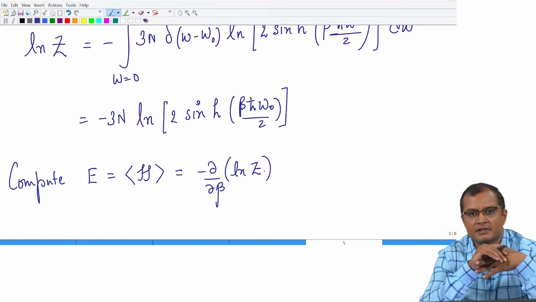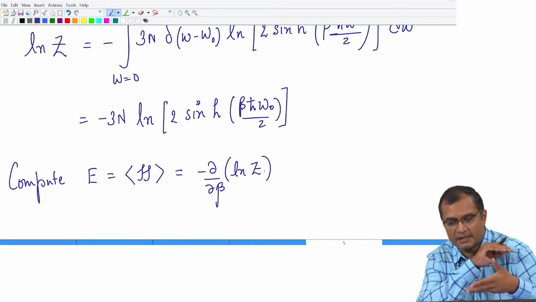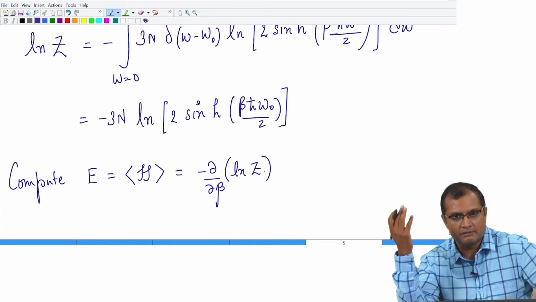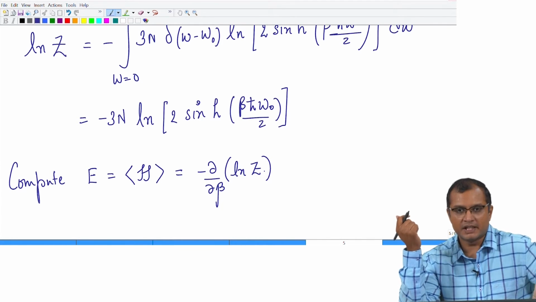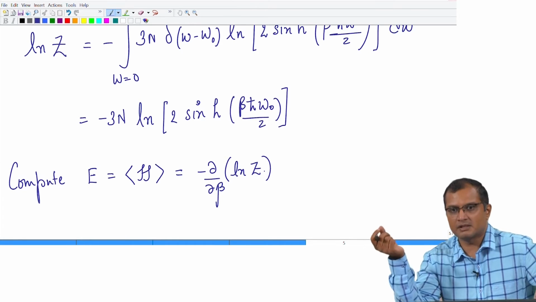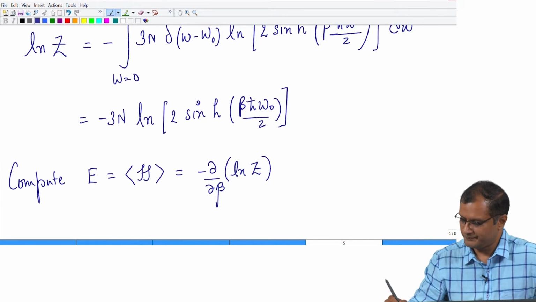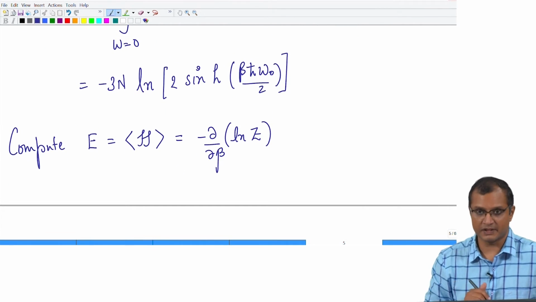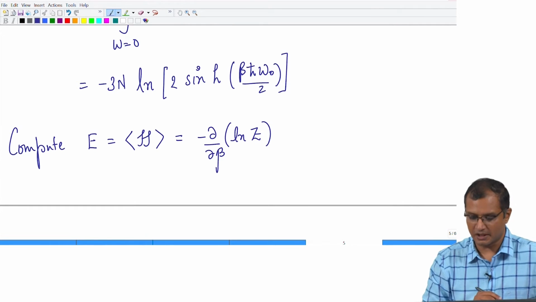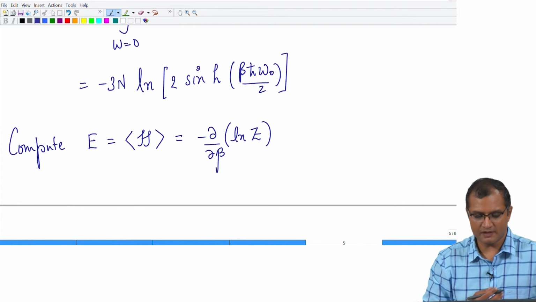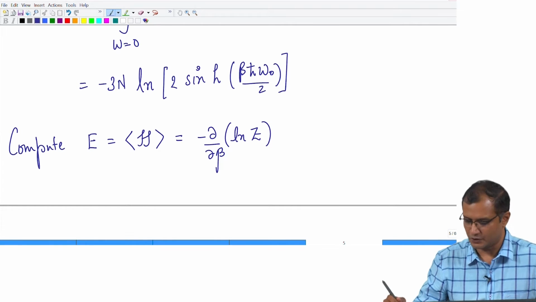If you recall the results of the canonical ensemble, this is the ensemble at constant NVT conditions: the number of particles, temperature and the volume of the solid do not change. So this is the canonical partition function, whose derivative in this form gives you the internal energy.